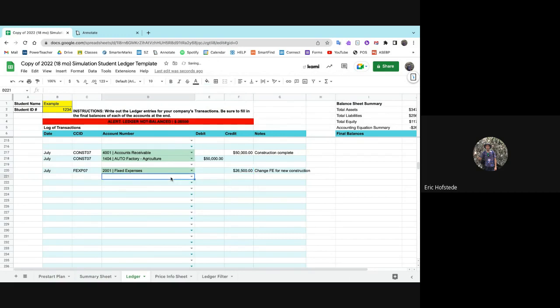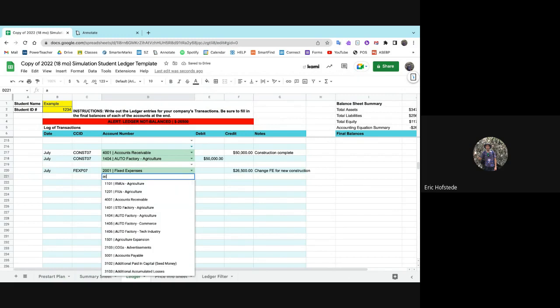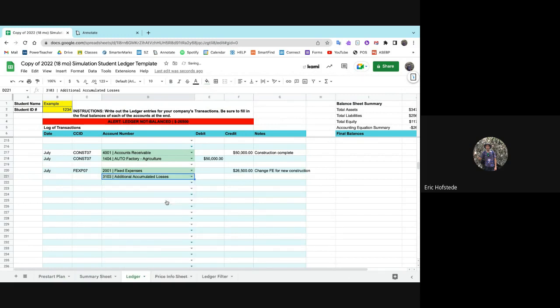And that comes out of my accumulated losses. And then I pay the liability, because every time I get a bill, I immediately pay the bill. So my cash goes down, back and forth, debit, credit, the cycle goes on.